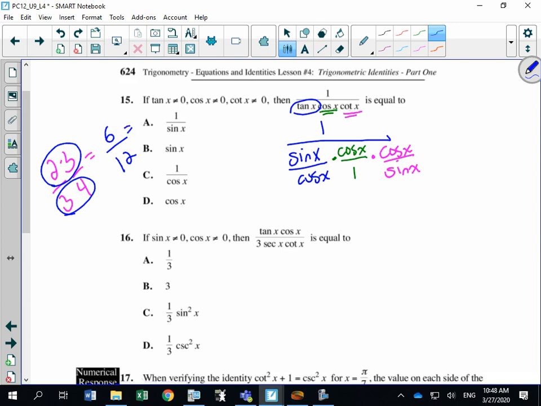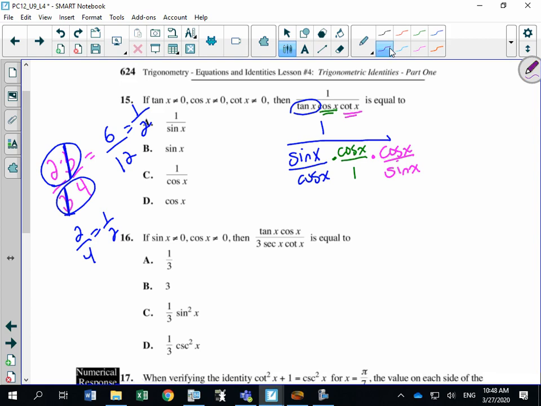So 6 over 12 is 1/2, but what I could have done is say, oh, 3 over 3 will cancel, and I'm going to be left with 2 over 4, which is 1/2. So here, yes, I could multiply numerators and denominators, or I could say, oh, cos over cos would cancel, and sine over sine would cancel.